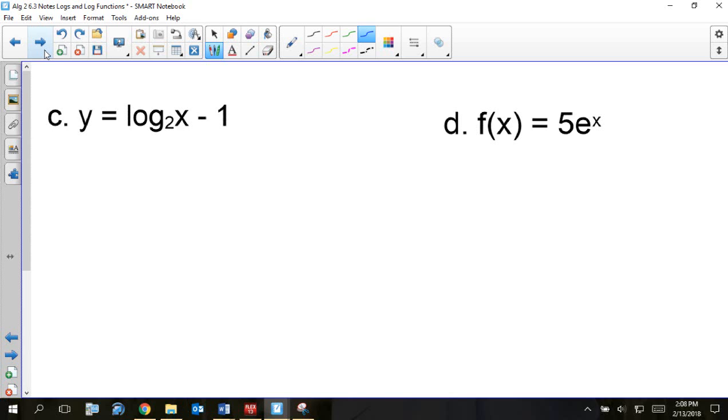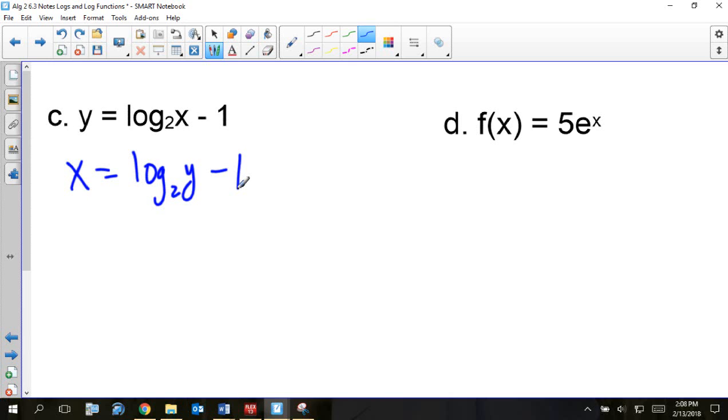Okay, so we first do what? Switch x and y. And what's the thing that's being done to the y last? What's the first thing I need to get rid of so I can solve for y? What do I do to both sides now? Add 1.